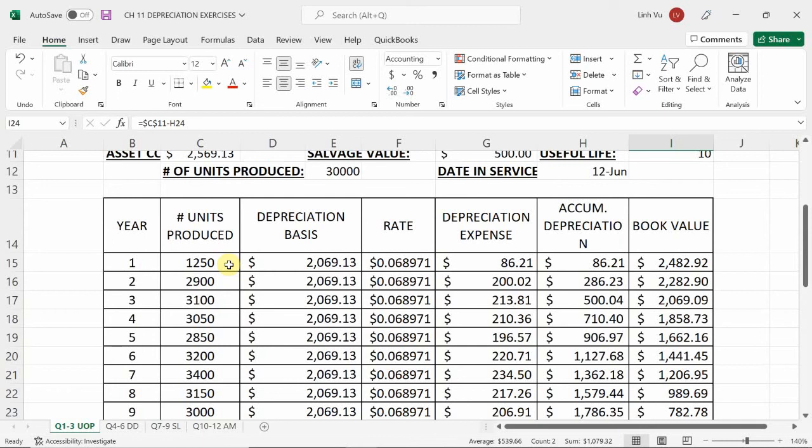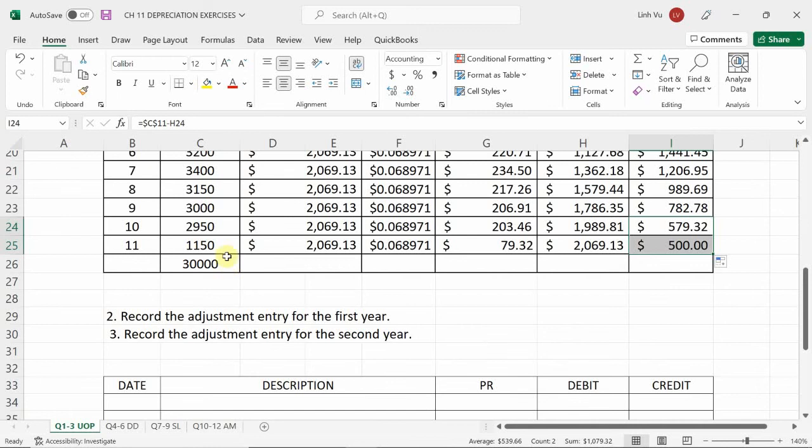That is exactly why I still need to continue another year, or at least another half year, to get me to my capacity. So for units of production, we're more focusing on the number of units that you produced overall rather than your salvage value. Because if you did this calculation correctly, you should pan out evenly at the end of the day. You should still get your salvage value exactly. Right? All right.